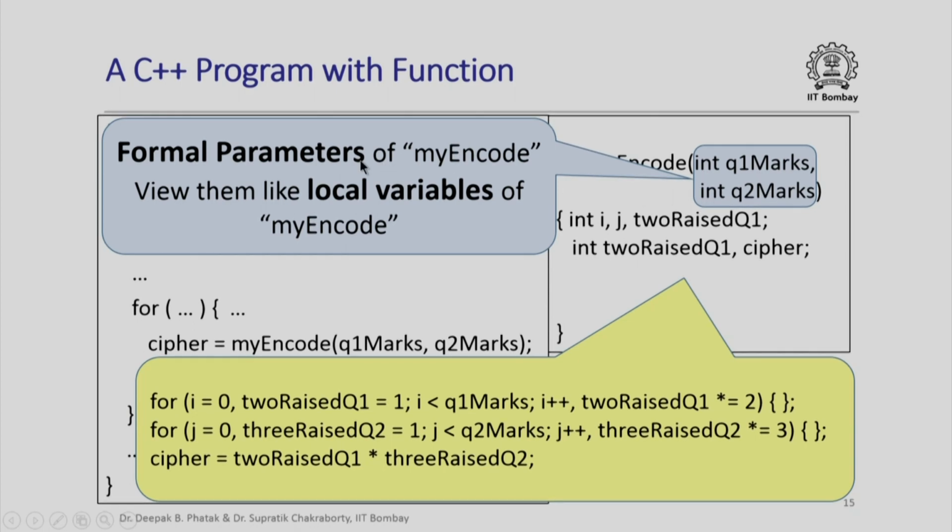These are also called formal parameters of the function, and these will also be viewed as local variables of my encode. So as you can see, there is really no confusion between the variables used inside a function and the variables used inside main, and in fact this will be true for any two different functions.